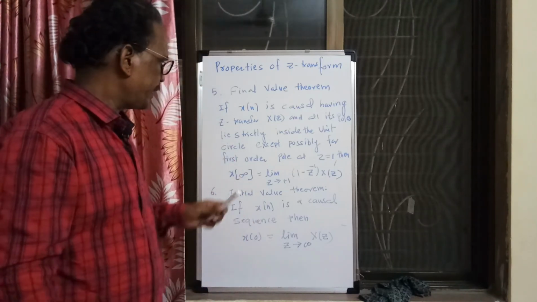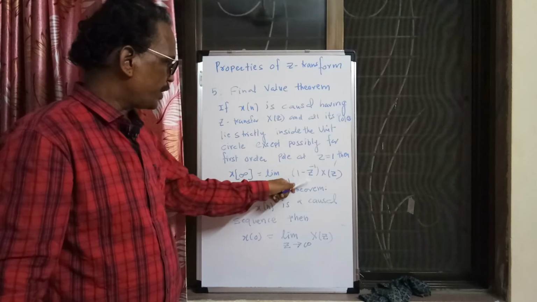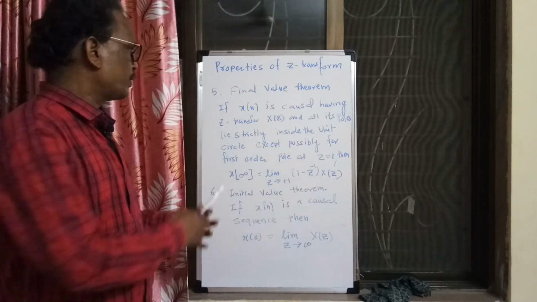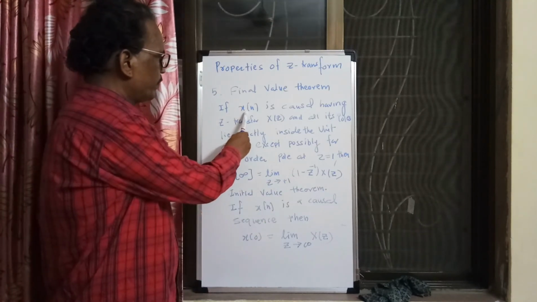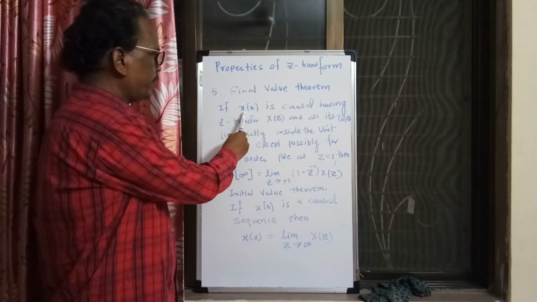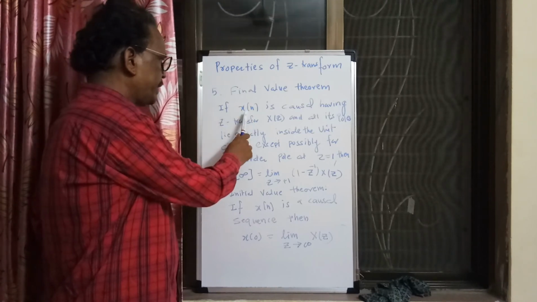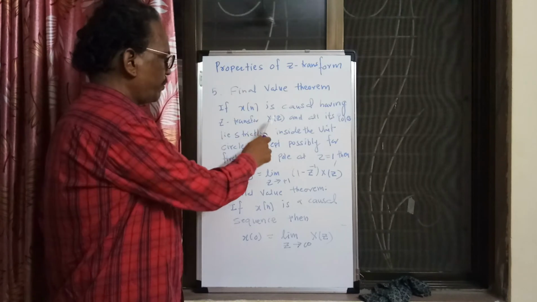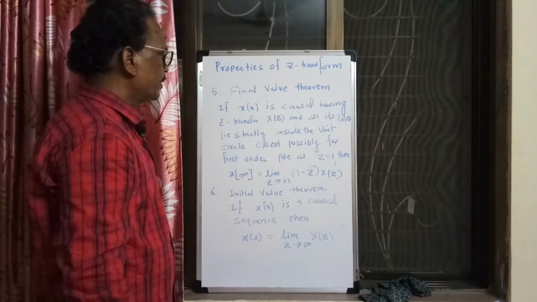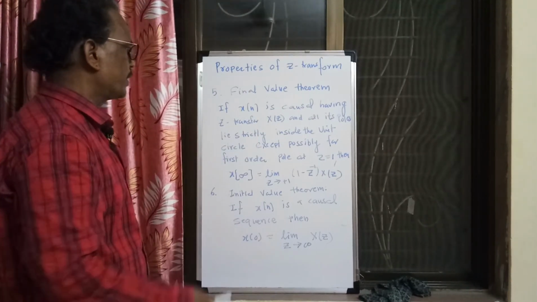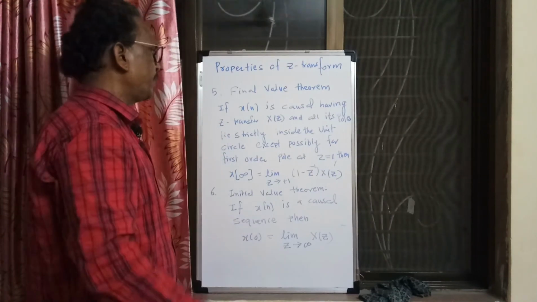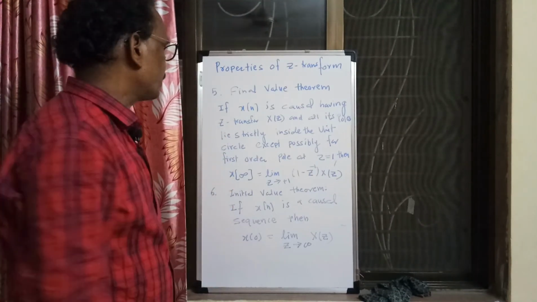So limit z tending to 1 of 1 minus z inverse into X of z. So x of n has Z transform X of z, and x of n is causal. So the ROC of X of z is outside the circle, whatever may be the radius, that depends on what kind of x of n you have.